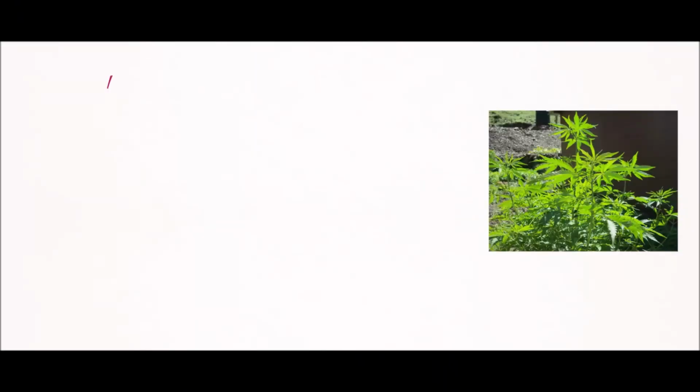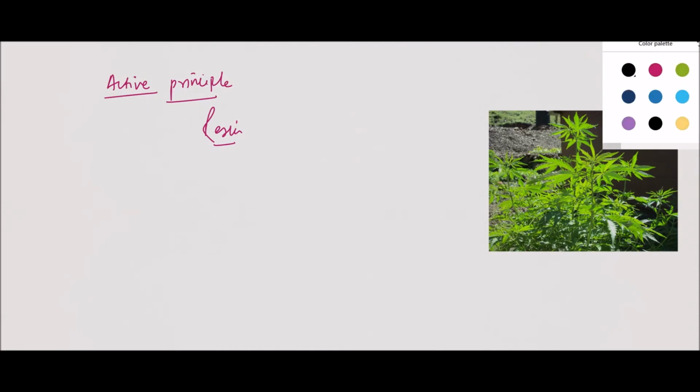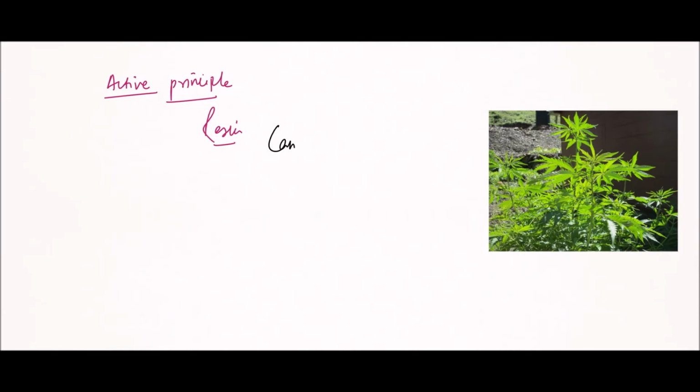So now the active principles. The active principle in cannabis is basically contained in its resin, and the principal constituent of that resin is cannabinol, which is inert.